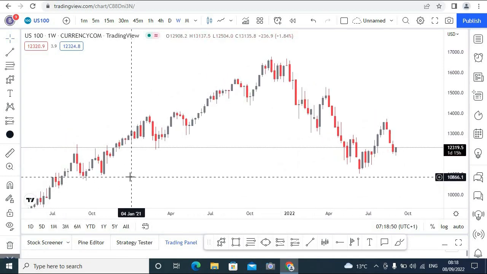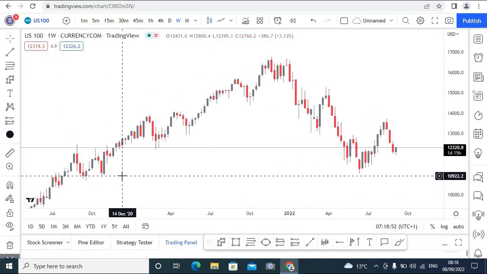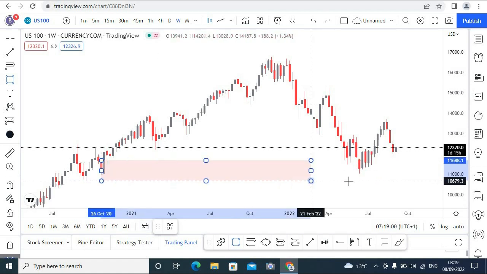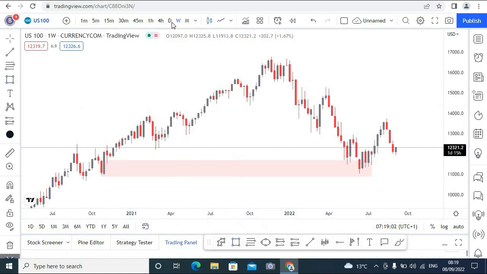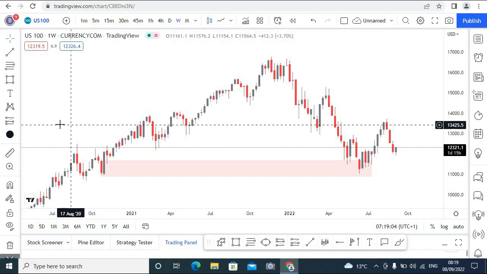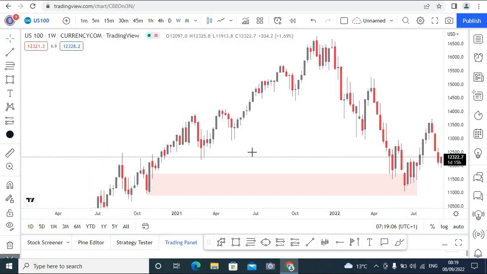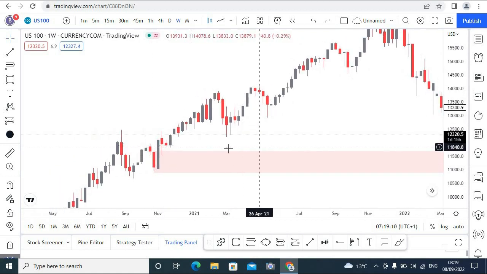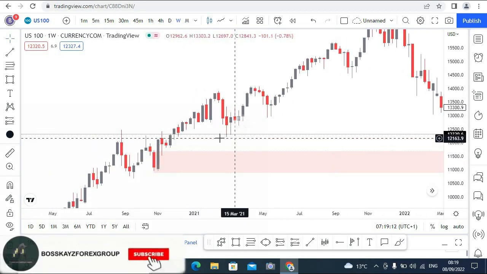And as you can see, you have to understand each and every demand which price will react to. As you can see, we do have a demand zone area, which is this one. And by the way, this is a weekly time frame. Whenever price comes back to the demand zone area, you want to see a reaction to that demand zone area.